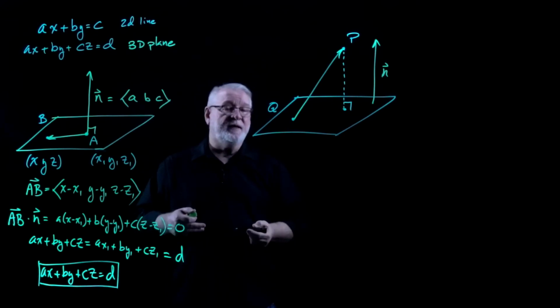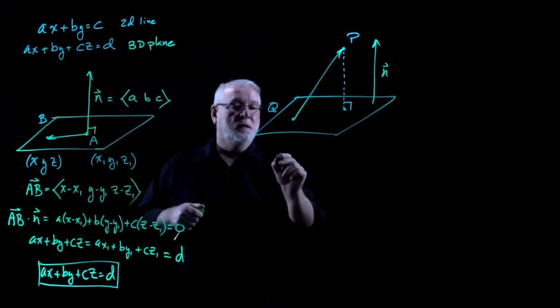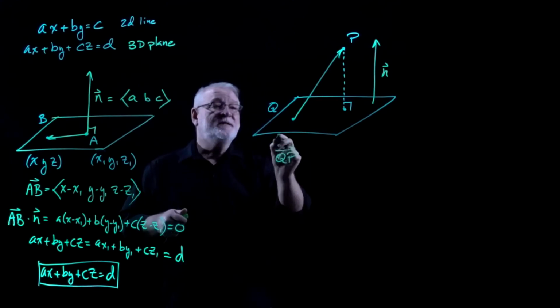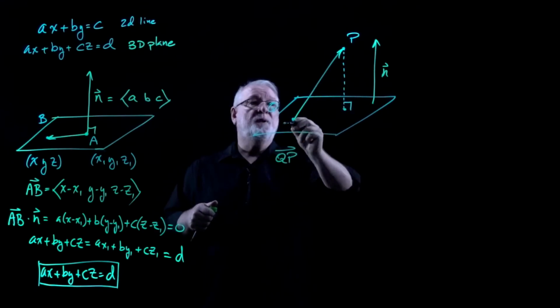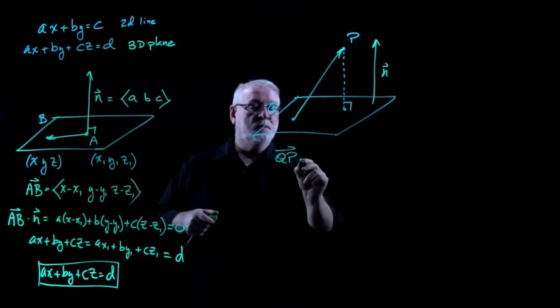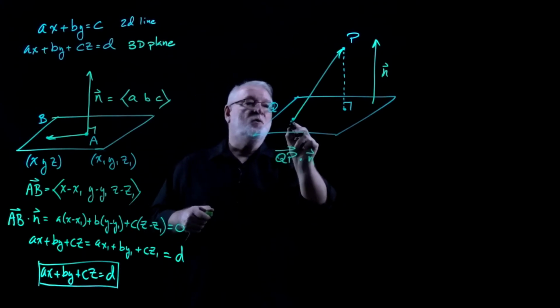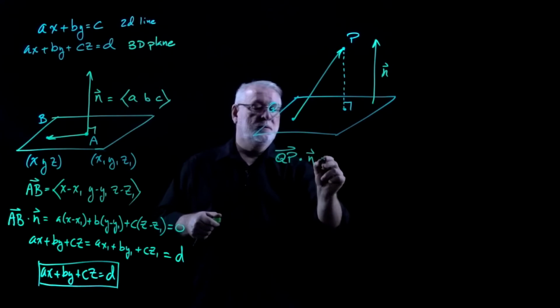Recall that one of the things that the dot product does, if we take the dot product between QP and the normal, is it projects QP onto the normal.